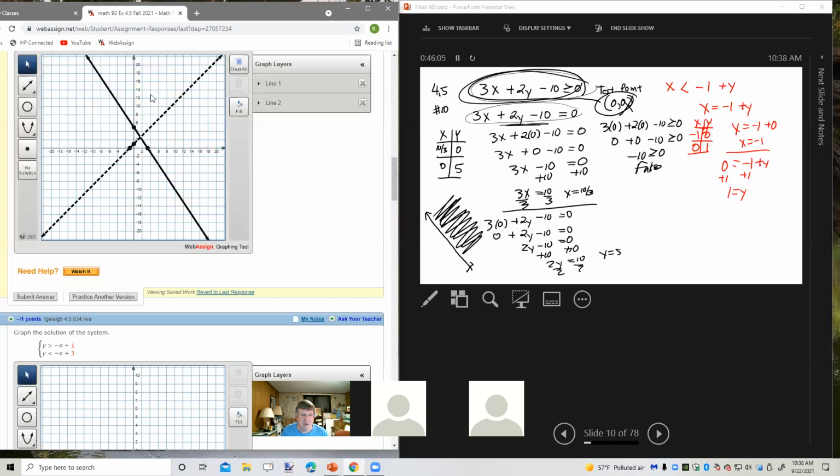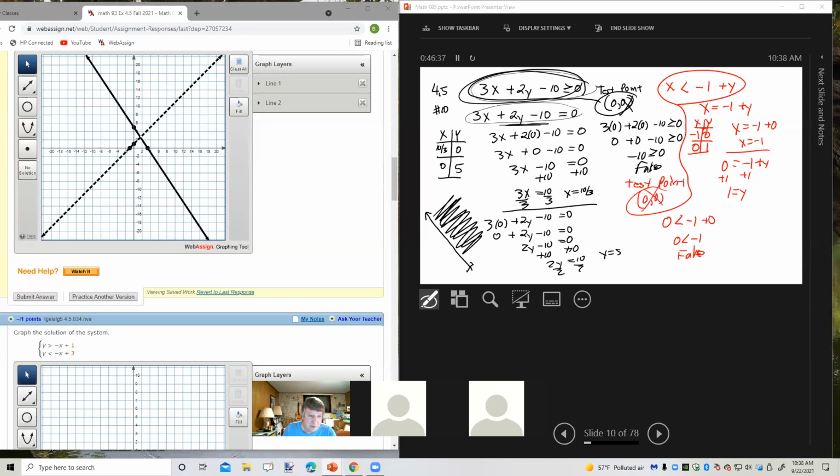Now I need to decide which side of this dashed line I'm going to shade. Again, 0, 0 is a good test point because it's not on the dashed line. So we've got test point 0, 0. That's going to go into this inequality. 0 less than -1 plus 0, 0 less than -1, that is false.